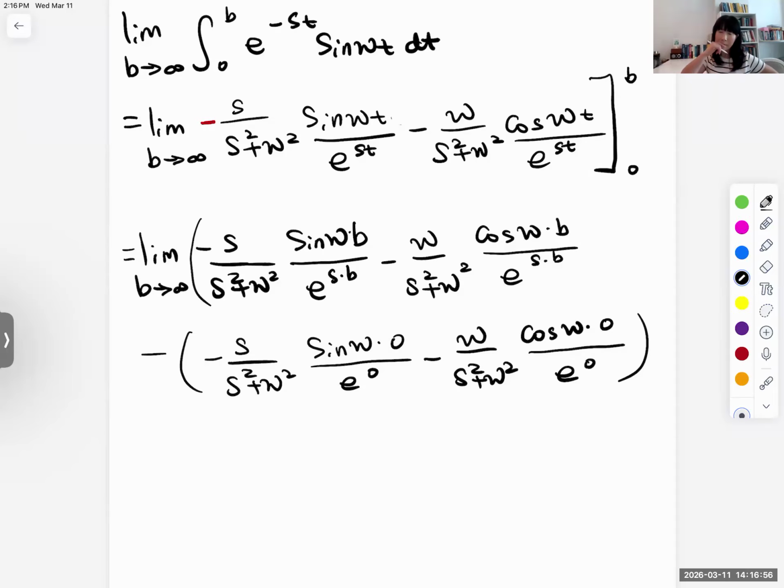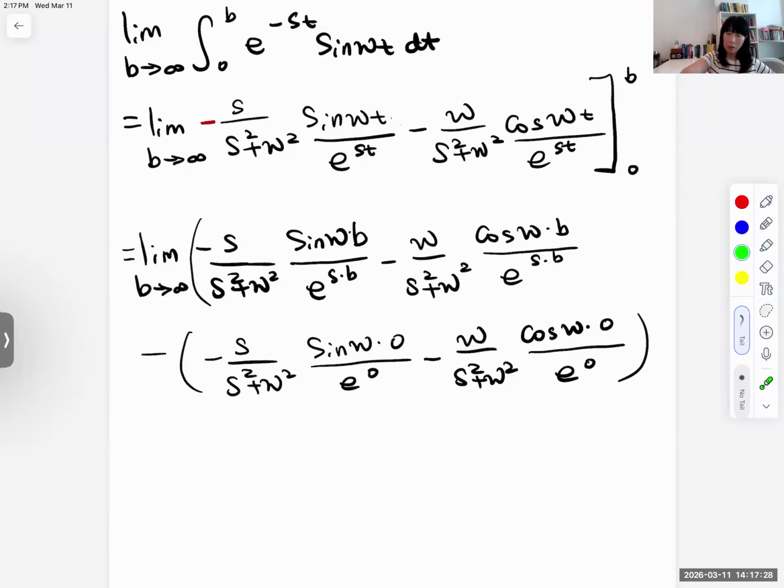If b approaches positive infinity, and we have here is also b, and then here is also b, right? Okay, so let me think about this one.